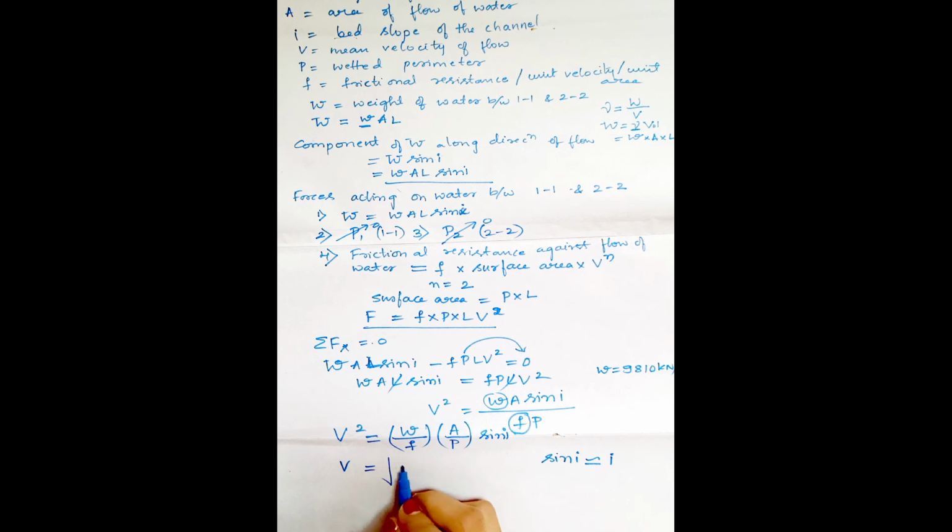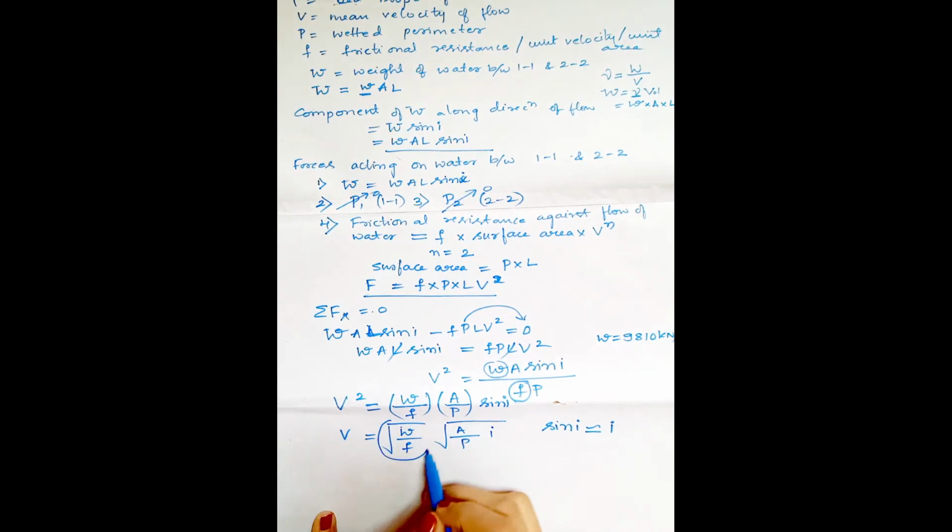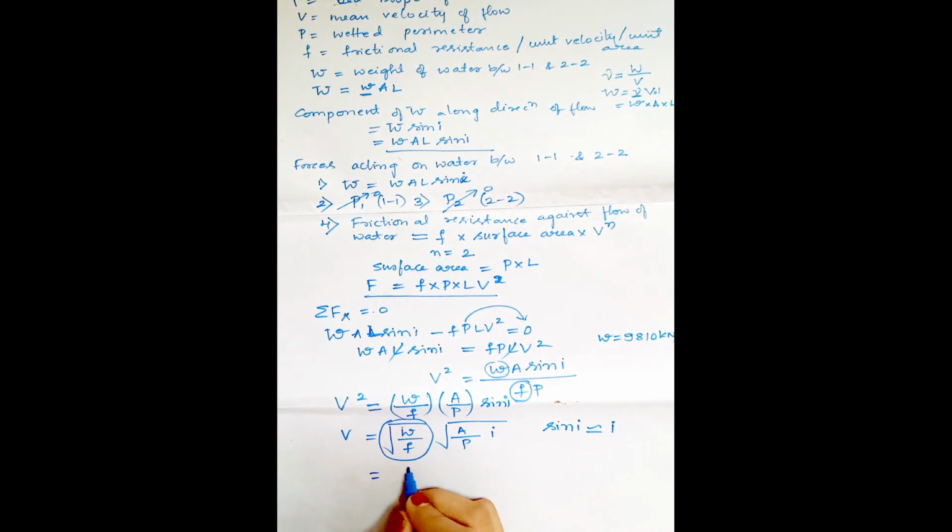V will be equal to square root of w by F into square root of A by P into I. Here the square root of w divided by F is nothing but a constant, that is the Chezy constant C. And A by P is nothing but the hydraulic mean depth, denoted as M or also denoted as R. Both terms are used; some textbooks use R and some use M. So it is root M into I.